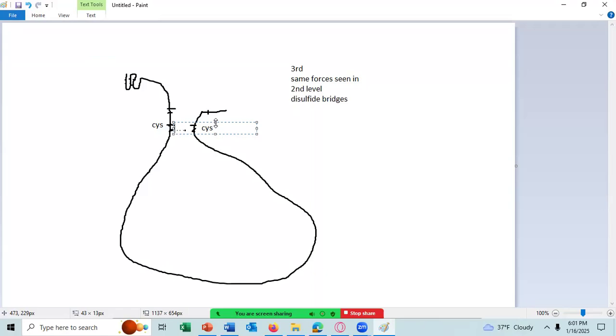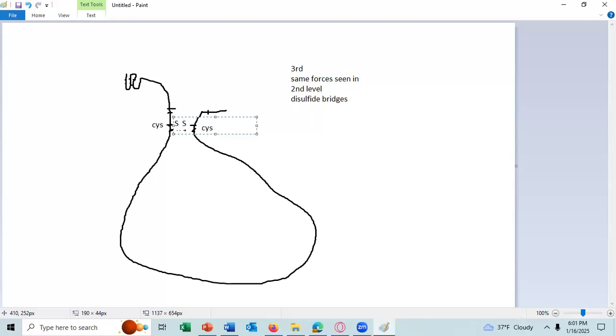So this will have a sulfhydryl group, and that will have a sulfhydryl group. I'm going to have a hard time doing this because I don't have enough space, but you're getting it. And what happens is the hydrogen comes off, and the hydrogen comes off.